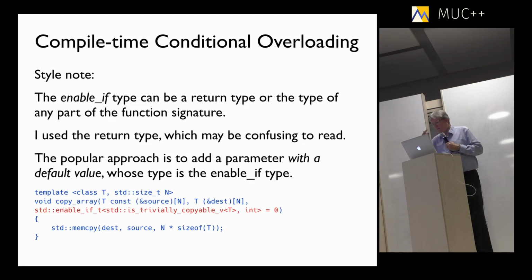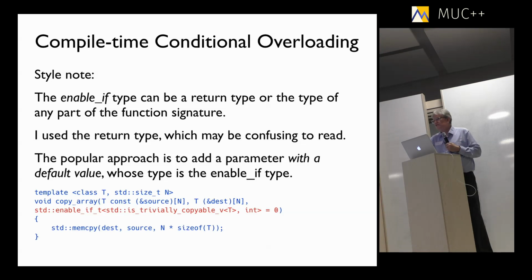So one very popular way of doing this is to add a parameter that you're never actually going to use. It has a default value. Notice in this example it says equals 0. So I'm creating a type that is enable_if on my constant, and I'm giving it the type of int. It doesn't really matter what, because no one's ever going to call it.